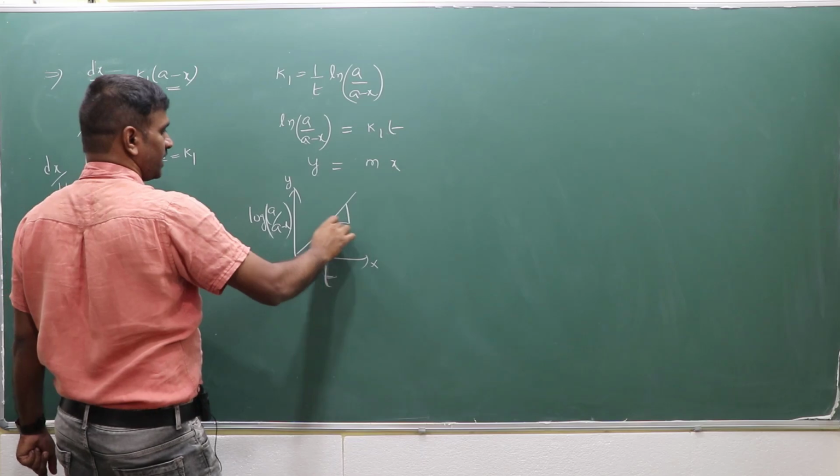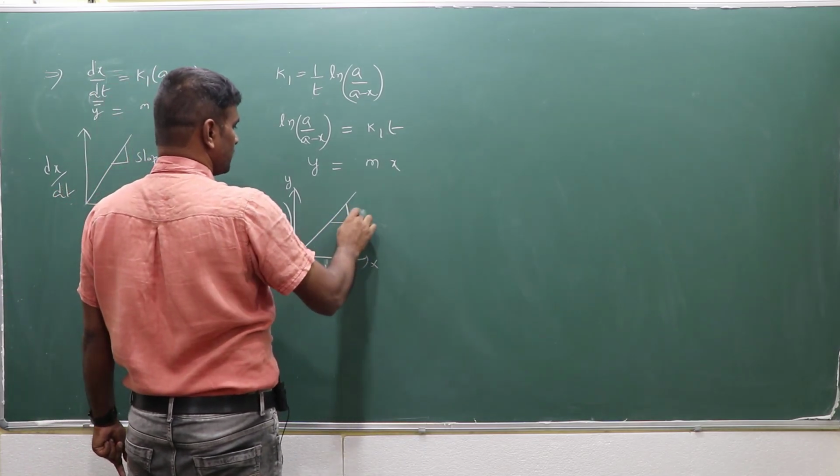Which one is the slope? K1 is the slope. Slope is equal to K1.